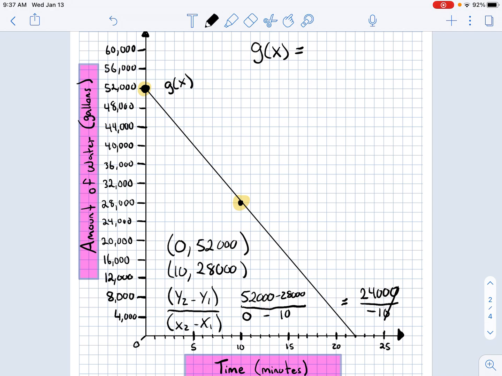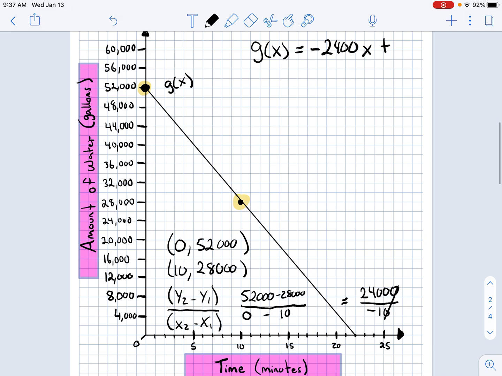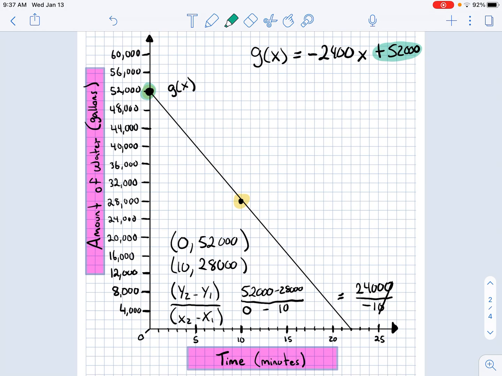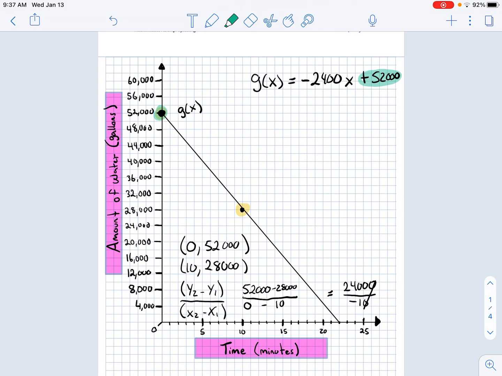So my slope would be minus 2,400x, and my start value is 52,000. Okay, so the point where I start is 52,000. So we have our equation for g of x.